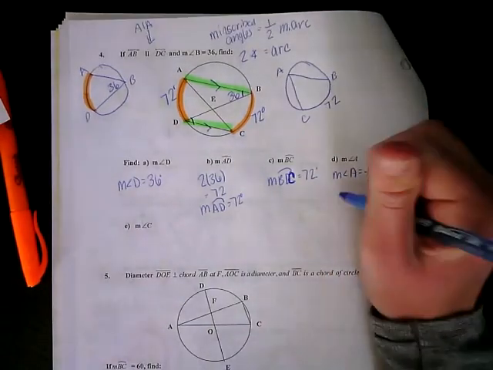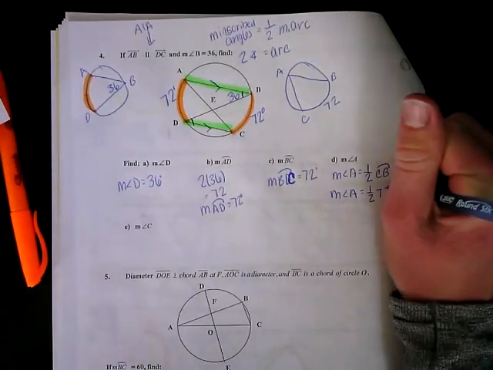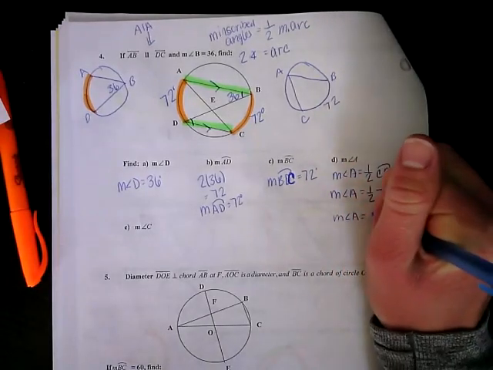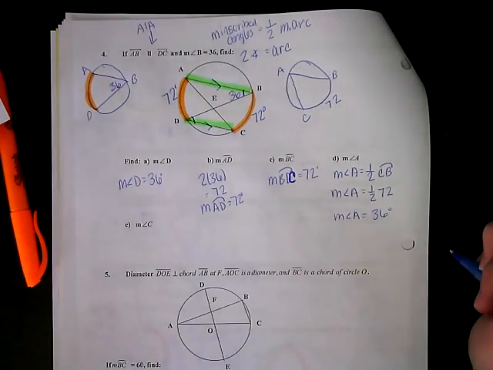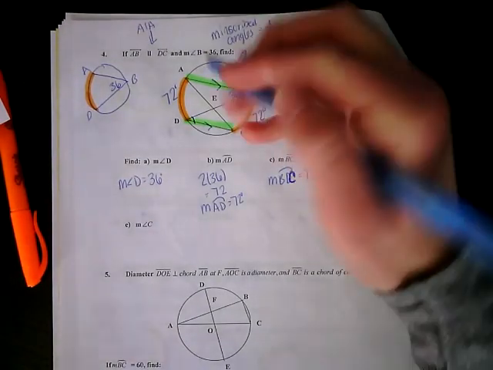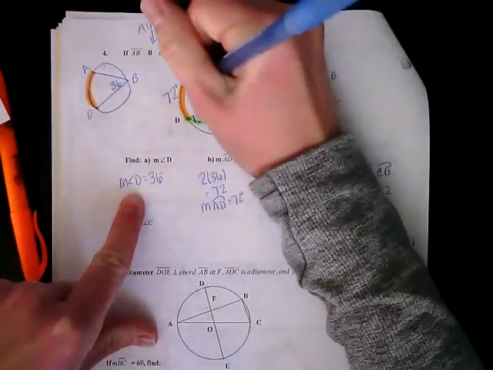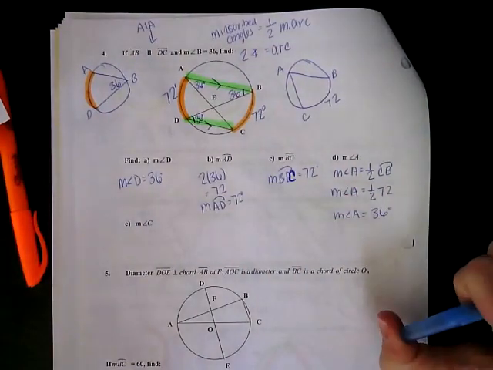BC is 72, so the measure of angle A is 1/2 of 72, which is 36. So it's the same as the measure of angle D, which is 36, and the measure of angle B, which was 36.